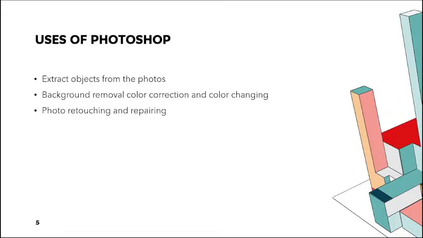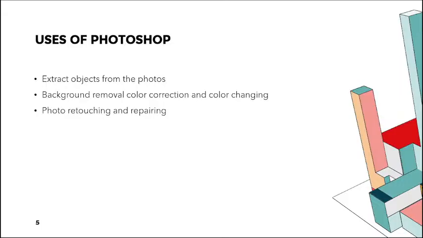Another thing is color correction. Maybe there are photos that are more red or more yellow for different reasons. In that case, you can change the color balance of the photo and correct the photo to the color it should have.